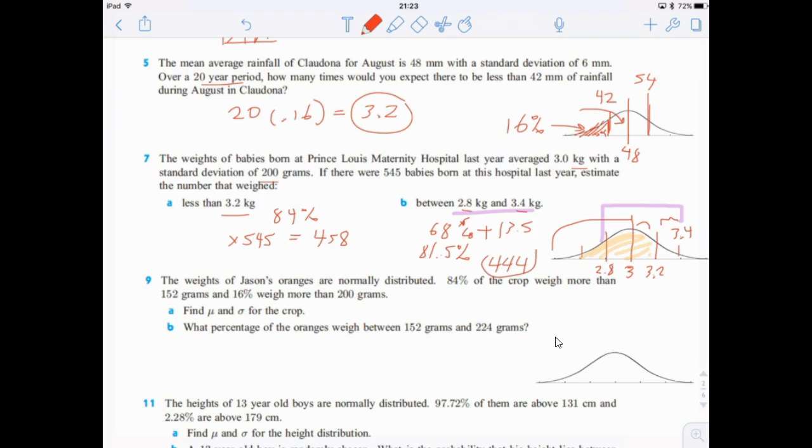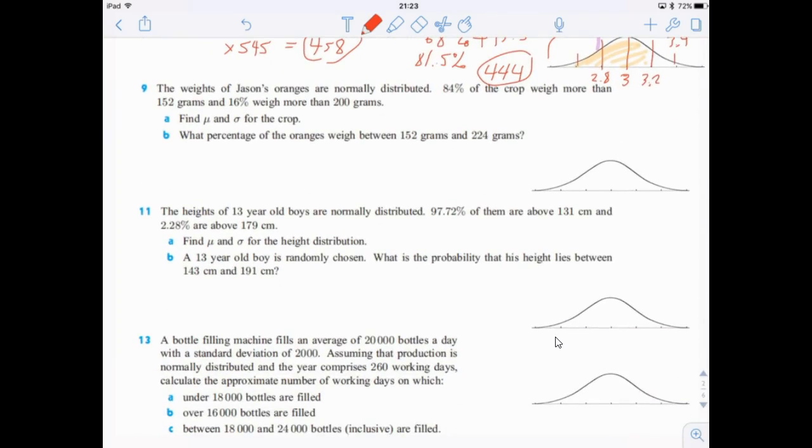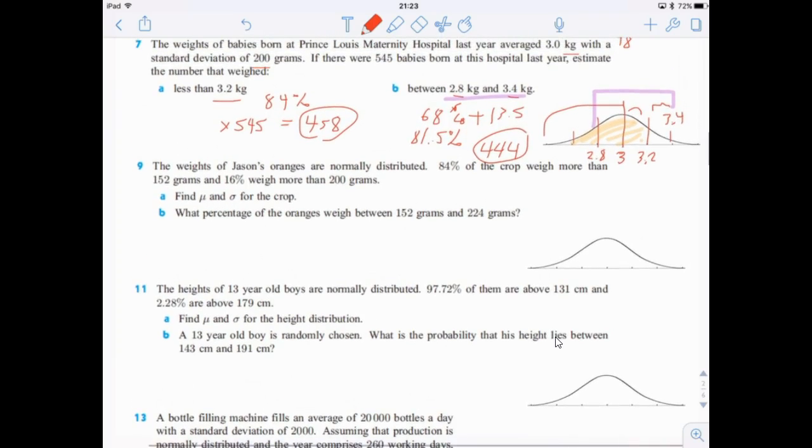Okay? All right, moving on to number 9. The weights of Jason's oranges are normally distributed. 84% of the crop weighed more than 152, and 16% weighs more than 200. So remember, 16% corresponds to this region here, right?